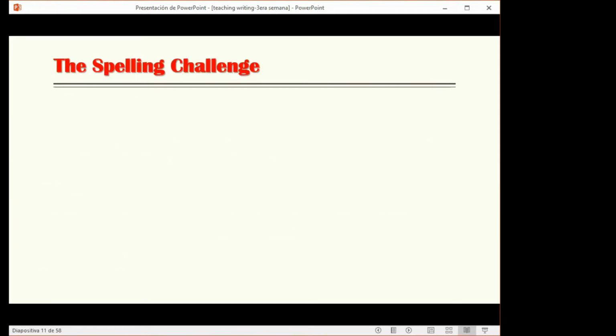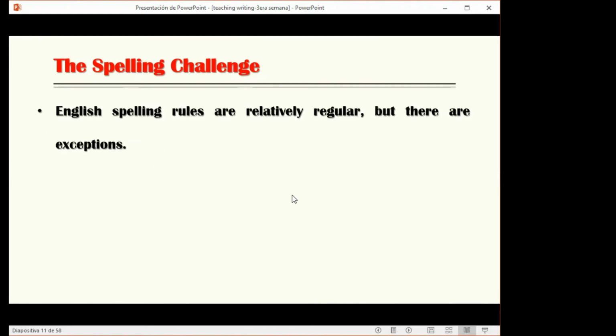Now, the second aspect related to the mechanics is the spelling. The spelling challenge. English spelling rules are relatively regular, but there are exceptions. Sometimes people think, oh no, teacher, English is complicated because you write in one way and you pronounce it in another way.